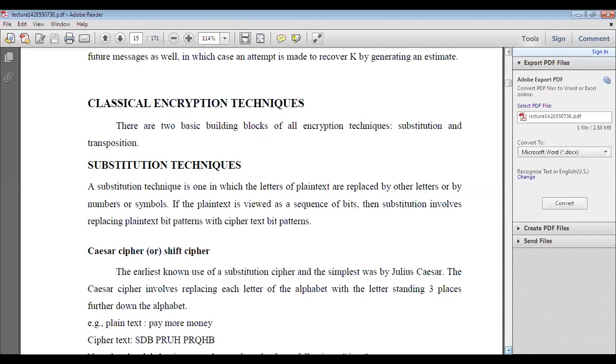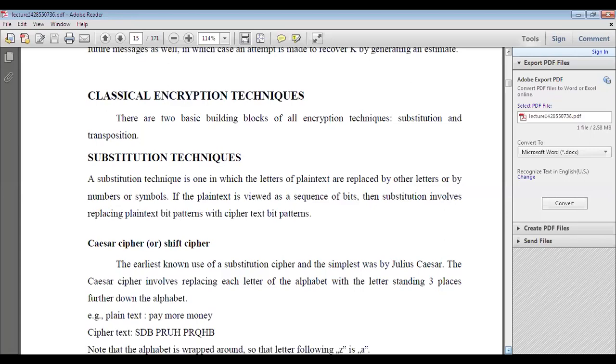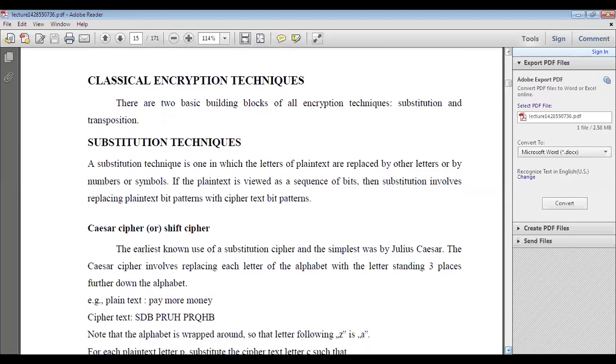One is the mono substitution technique, and second one is the poly substitution technique. In the mono substitution technique, one letter we replace with another letter.